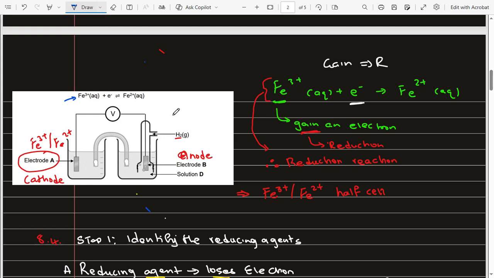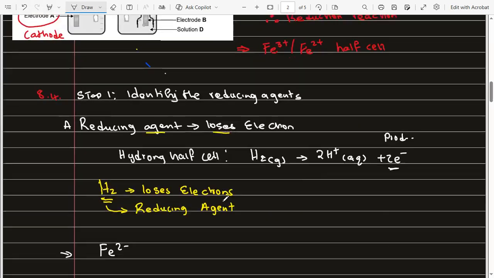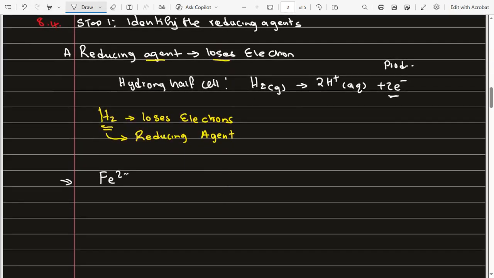So that we can understand, we can see that this one is the reduction. This is how I'm going to write that reaction: Fe3 plus in aqueous solution, plus an electron, becomes Fe2 plus in aqueous solution.